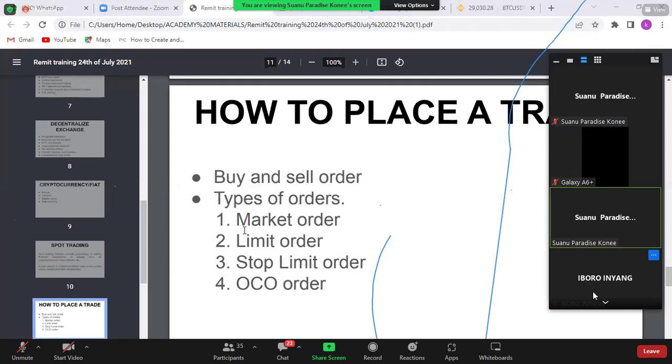The first kind of order is market order. The second is limit order. The third is stop-limit order. And the last kind of order is the OCO order.